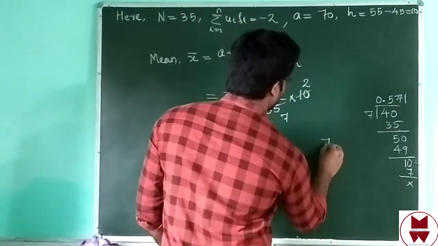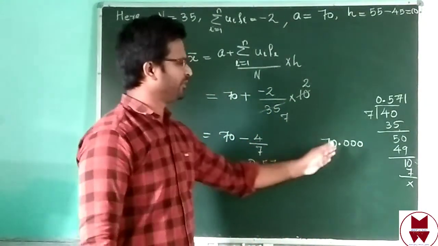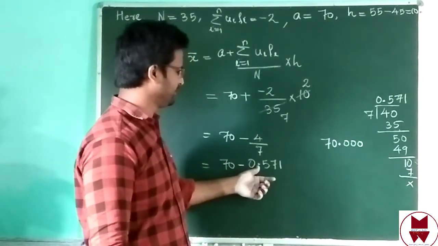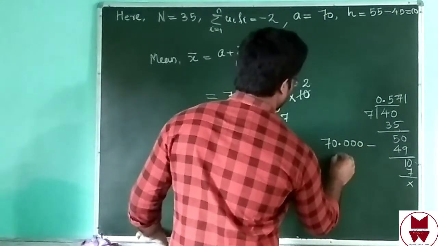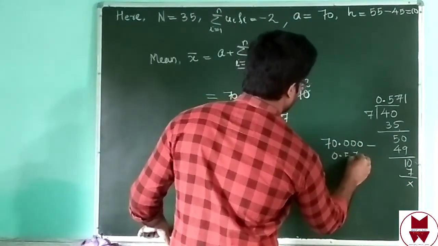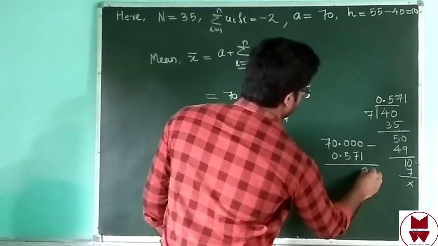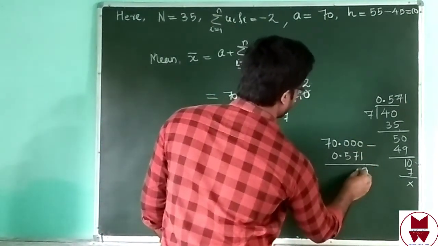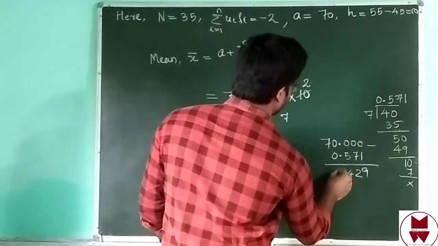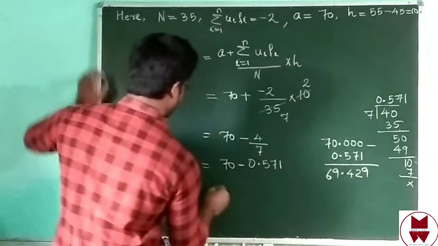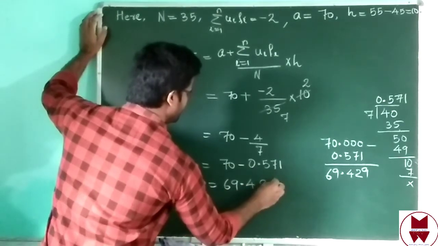Subtract 70.000. I put 3 numbers after the point because the second number has 3 numbers after the point. Then minus 0.571. The point should be the same. Subtract: 9 minus 7, 2, 4. Then 9 minus 0, 9, 6. You will get 69.429.